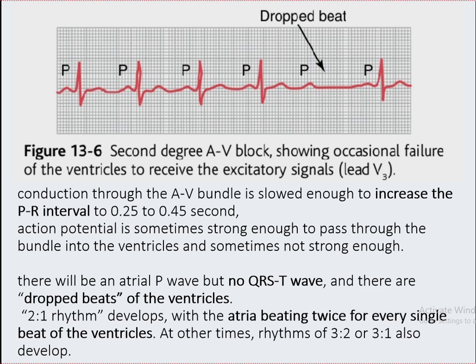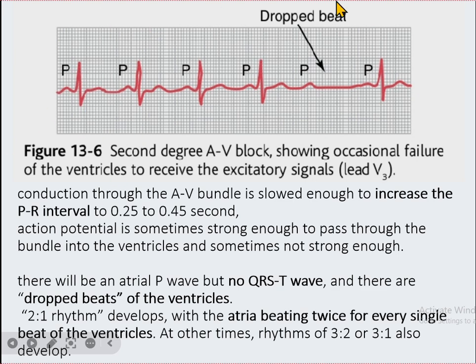But for the second degree, PR will be prolonged, and for some beats, the impulse will not reach the ventricles. If you're hearing lub-dub, sometimes in one beat you'll only hear lub, in another you hear lub-dub, meaning one beat was dropped. That's why we mean dropped beats. So that is second degree AV block.